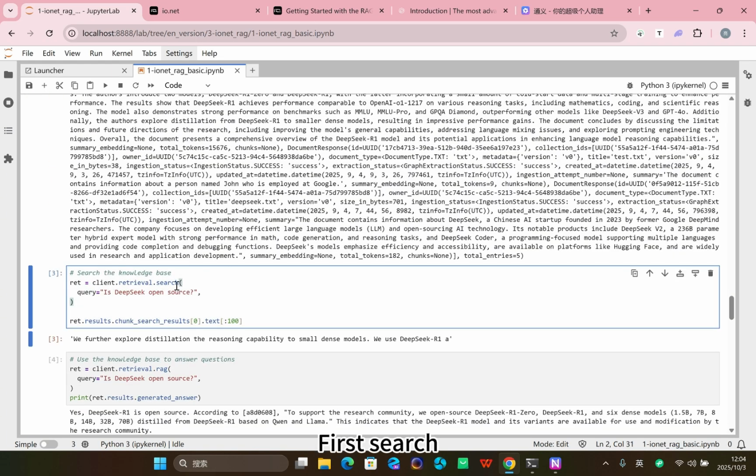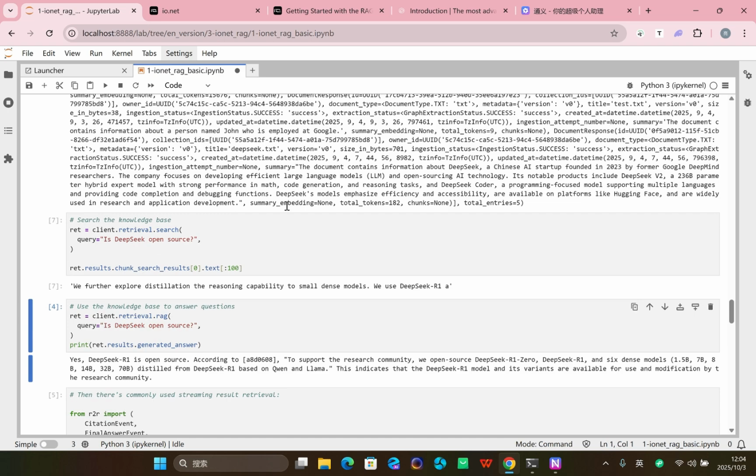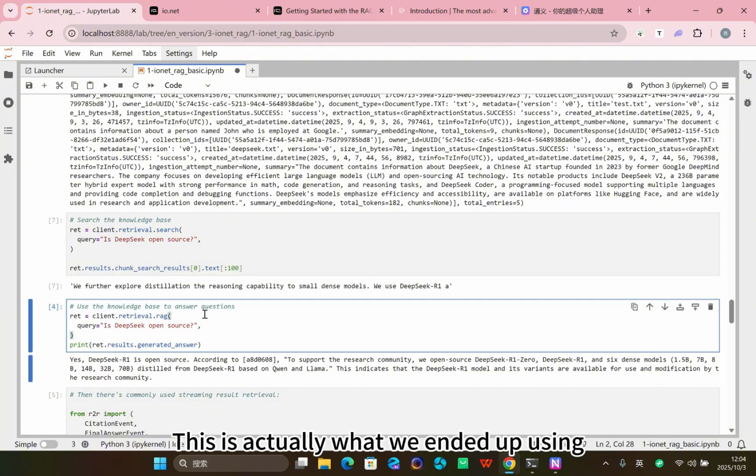Then, search first. Generally speaking, you search first, then pass the search result to the large model. This is usually just an intermediate process. We can take a look at its process. Here are our search results. This is actually what we ended up using.